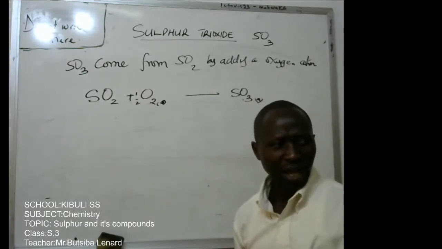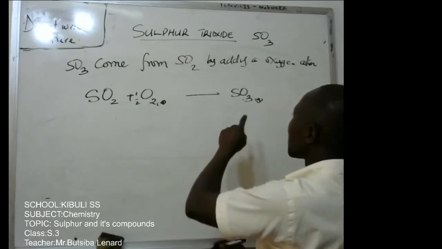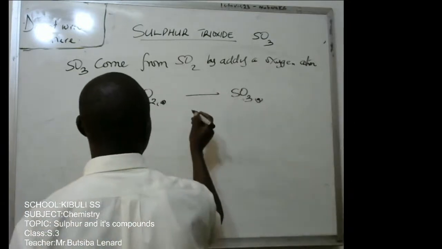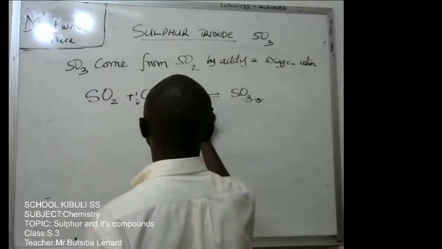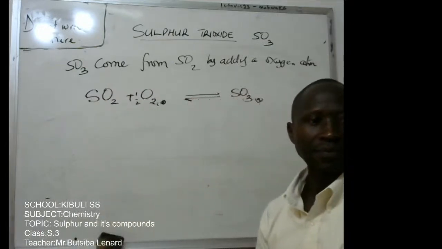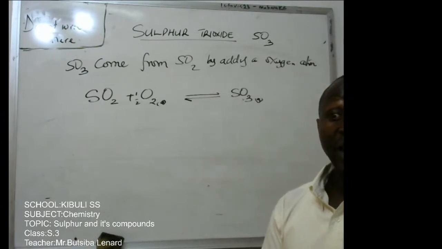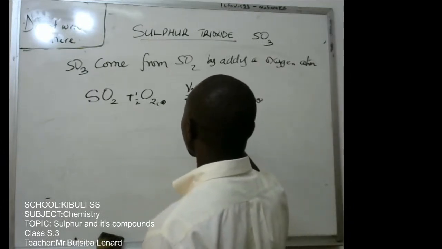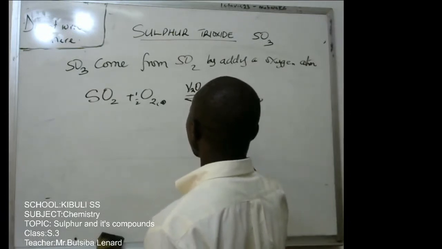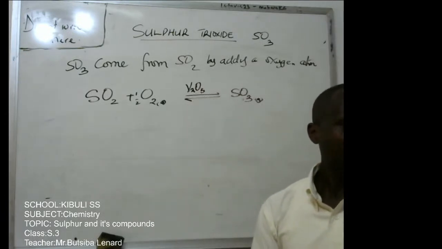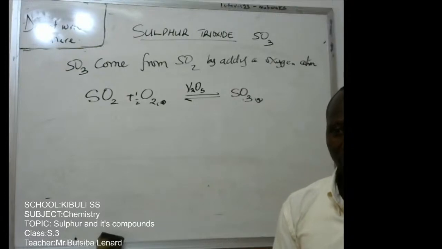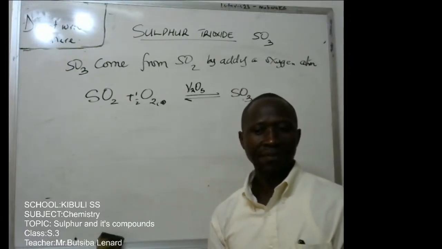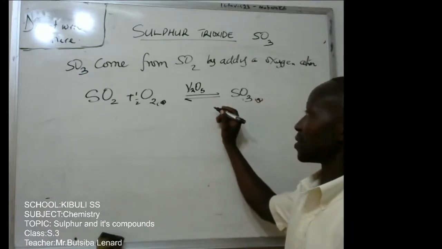This is a stubborn reaction. As you are forming sulfur trioxide, it goes back to sulfur dioxide. Therefore, we use reversible arrows. Without a catalyst, it's difficult, and the catalyst is V2O5. What's V2O5? Vanadium pentaoxide, or vanadium(V) oxide, used as a catalyst.